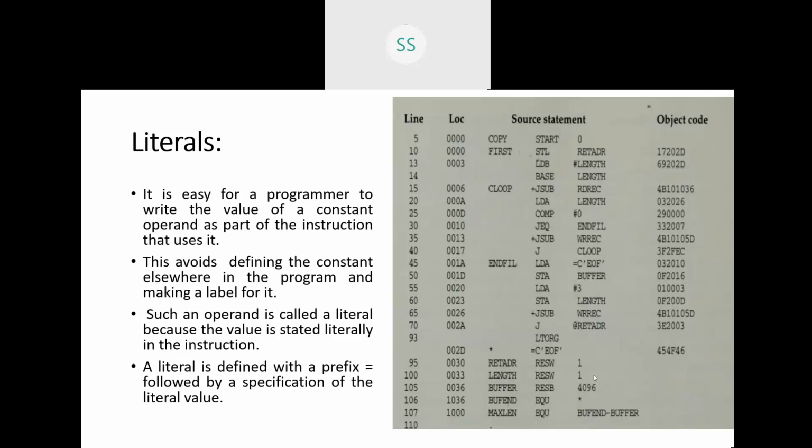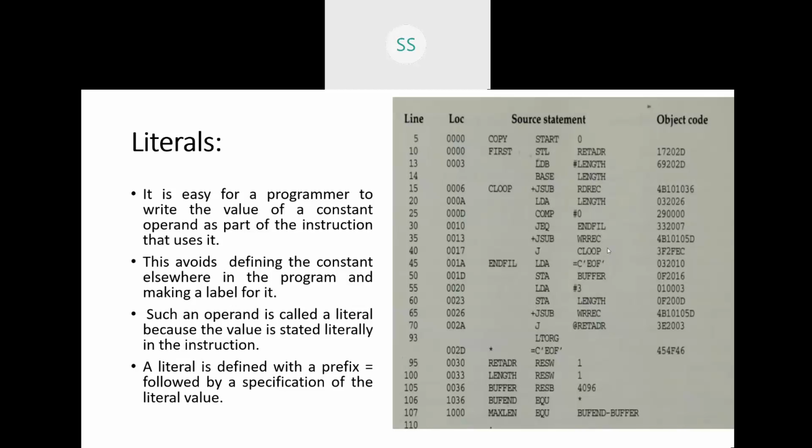Okay, but instead of creating a separate label, I can give it directly in my instruction, that is a character constant, that is EOF, and use it. If you see load accumulator, why can't I write it directly in the instruction? Why do I have to create a label for such kind of instructions?